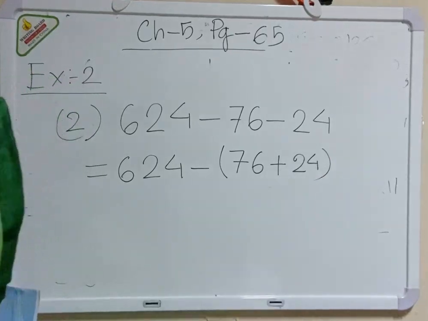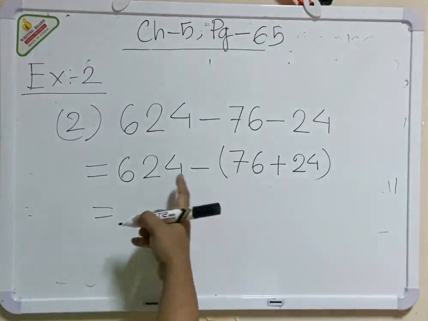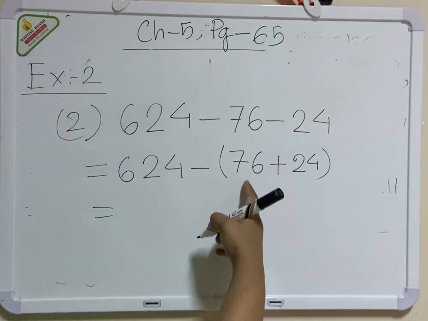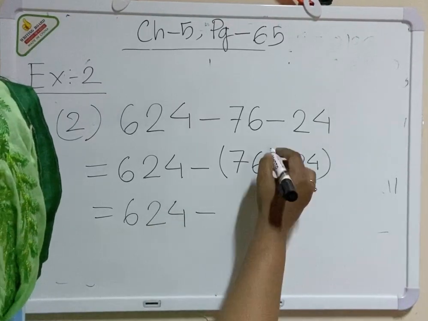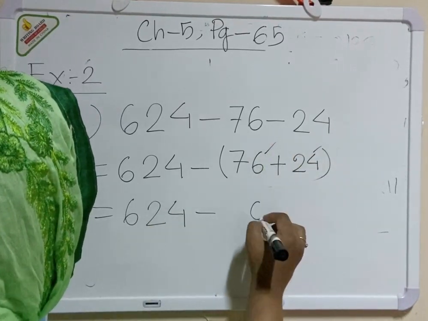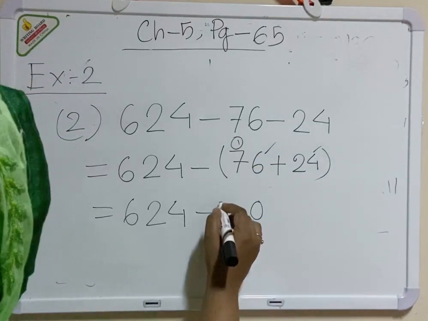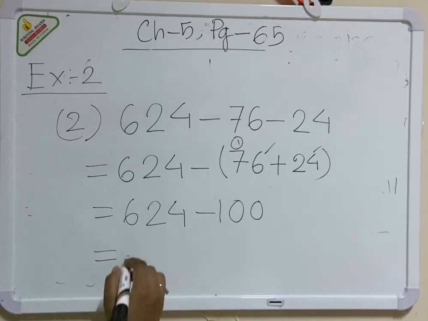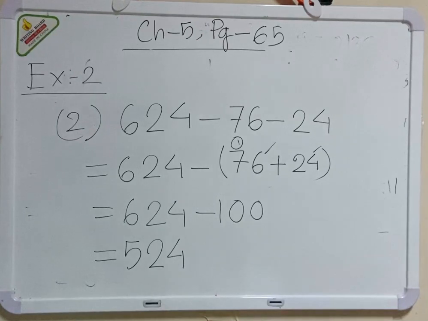Otherwise I cannot do it, because without bracket it would be subtraction, and inside the bracket the addition is done on these two numbers. So 6 plus 4 is 10, 1 is going up, 1 plus 7 is 8, 8 plus 2 is 10, that is 100. 624 minus 100 is 524.